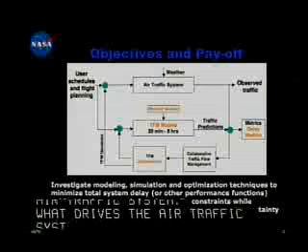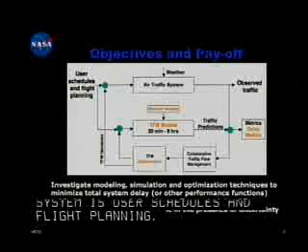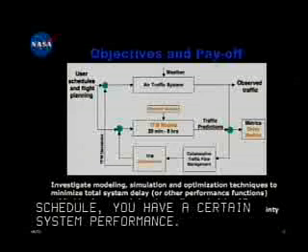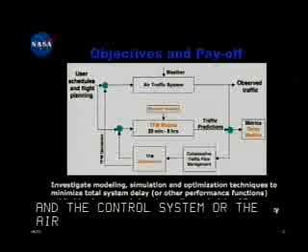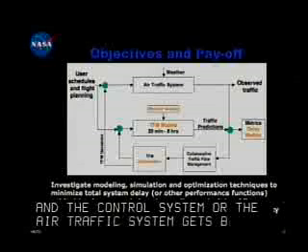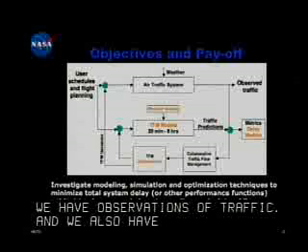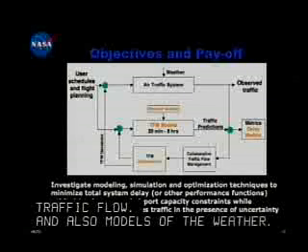And based upon the nominal schedule, you have a certain system performance. The control system, or the air traffic system, gets perturbed because of bad weather. And we have observations of traffic. And we also have models of traffic flow and also models of the weather. Based upon the traffic flow, we can make traffic predictions.